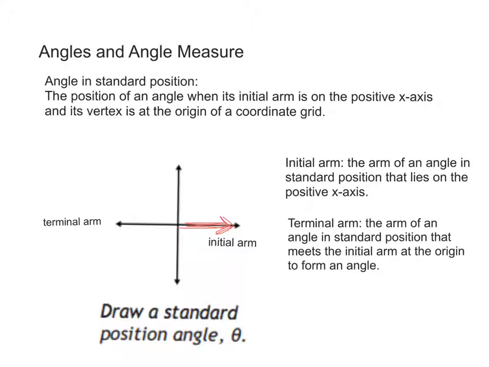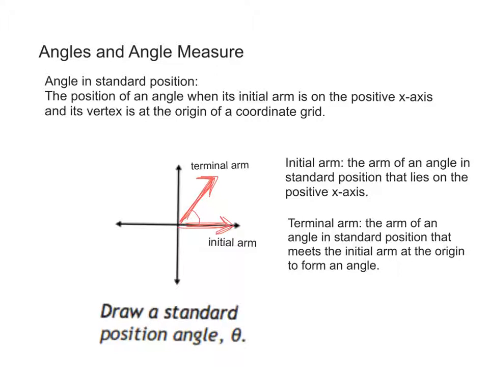The other arm of the angle rotates about the origin, and it's called the terminal arm. The terminal arm is the arm of an angle in standard position that meets the initial arm at the origin to form an angle. So if I draw another line coming out, like there, that's the terminal arm, and they meet at the origin to form an angle.